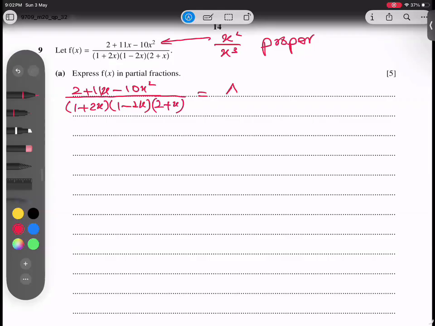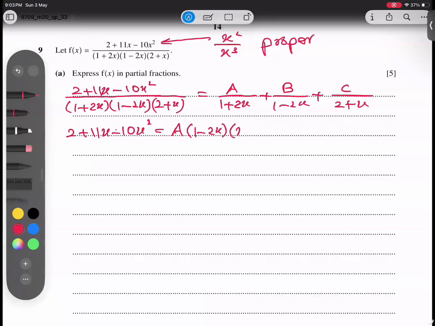First I'm writing A over the first linear factor, then B over the second linear factor and C over the third linear factor. Now I multiply the whole equation by the denominator. When that is completely cancelled, we get 2 plus 11x minus 10x to the power 2. And A multiplies 1 minus 2x and 2 plus x.